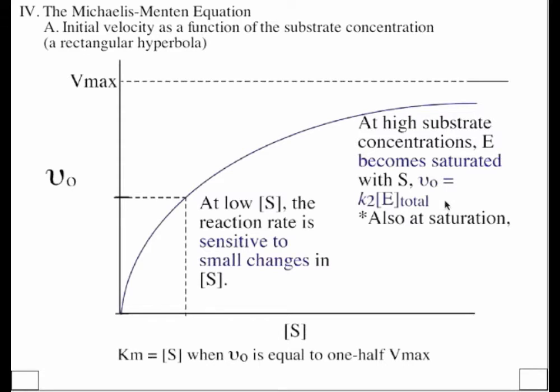So what we looked at with the equation before, we see now graphically by actually looking at the rectangular hyperbola and how it comes to a flat or asymptotic point at the top of the curve as substrate concentrations increase, as enzyme becomes saturated with substrate. Also at saturation, notice something else is happening.